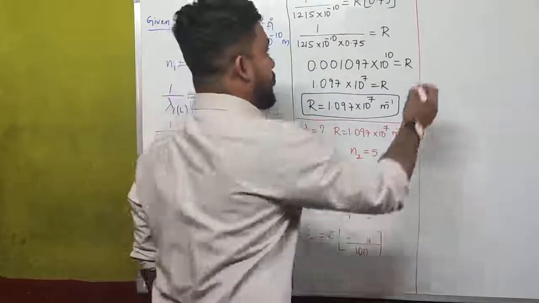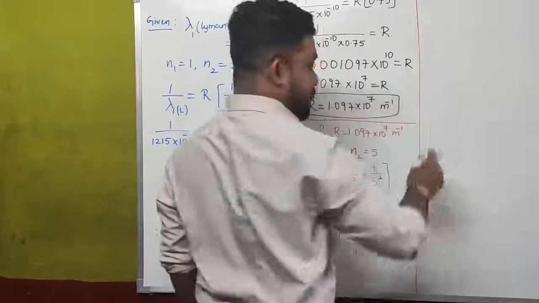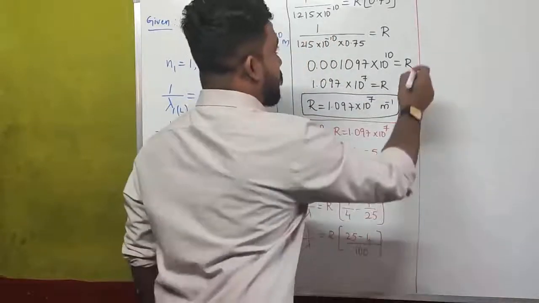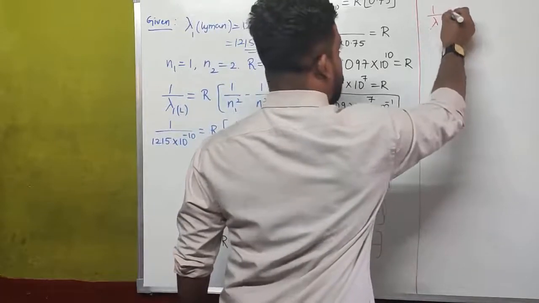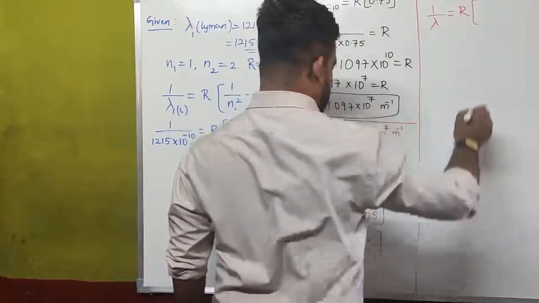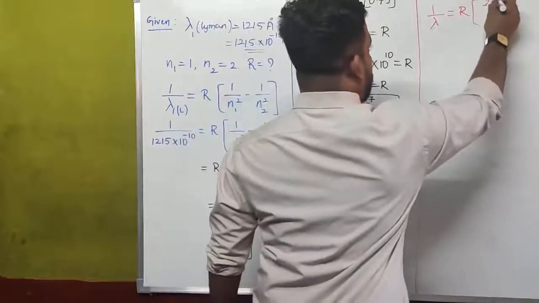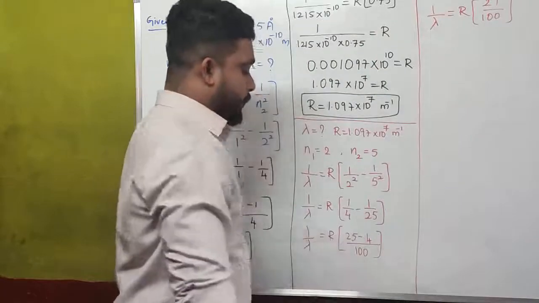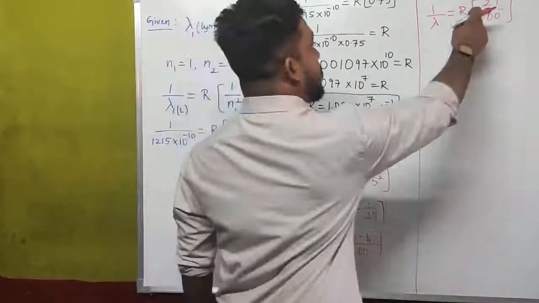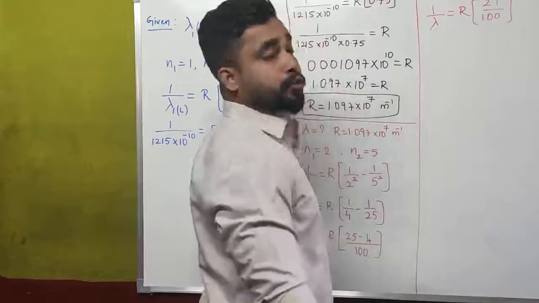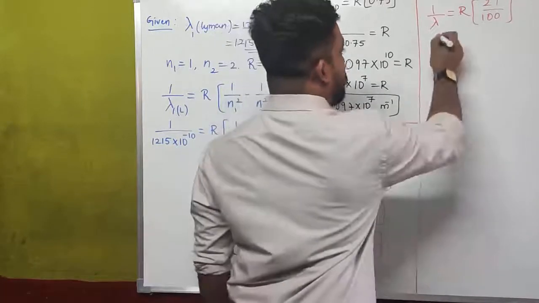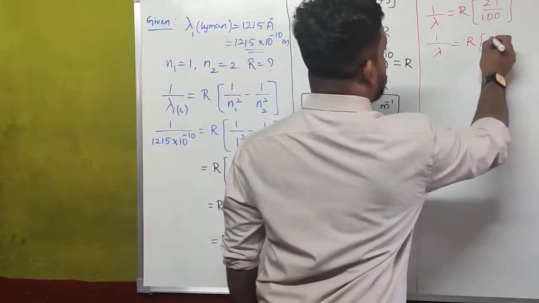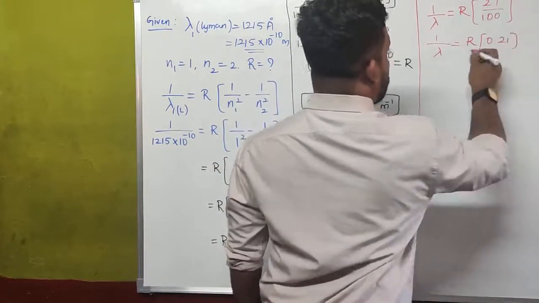Then 1 divided by lambda is equal to R into 21 divided by 100, because 25 minus 4 is equal to 21. 21 divided by 100 is equal to 0.21. So it is R into 0.21.